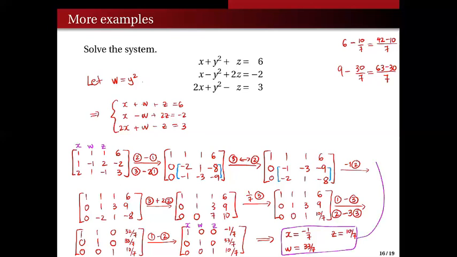So from here, I got w equals 33 over 7, but originally w was y squared, which means that y is equal to plus and minus square root of 33 over 7.